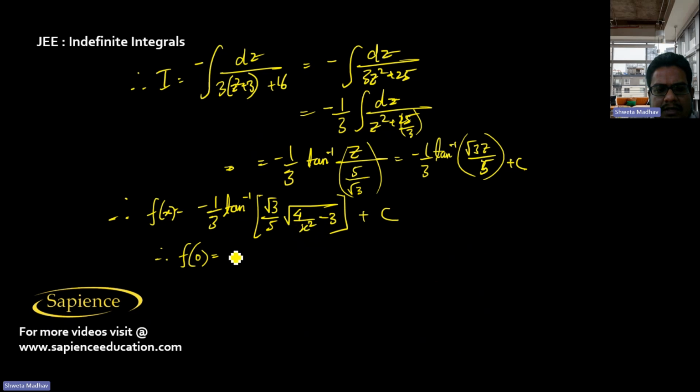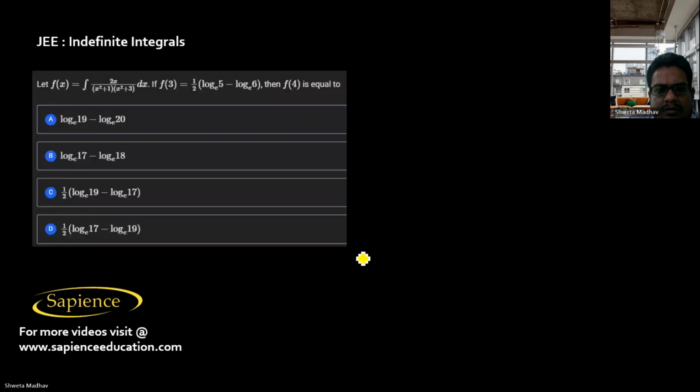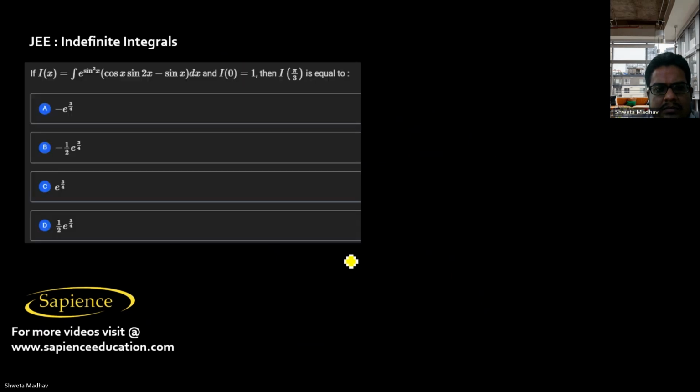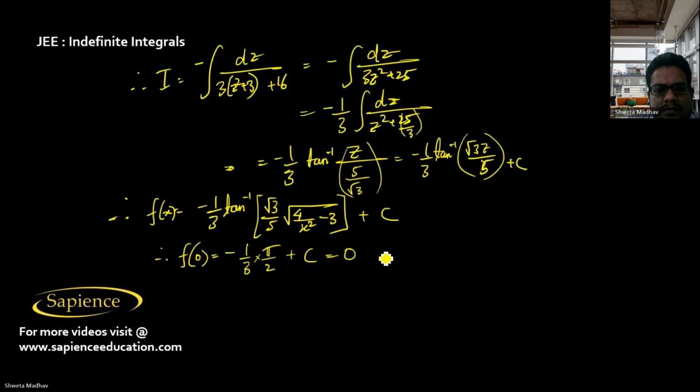So tan inverse infinity is pi by 2, plus c equal to 0. So therefore c will be equal to pi by 6.